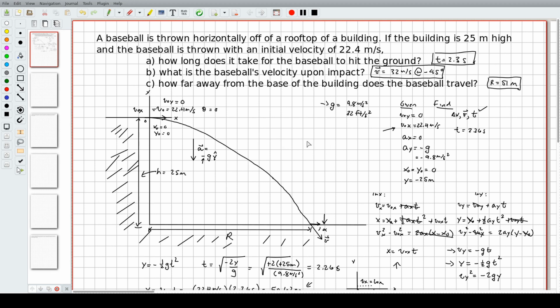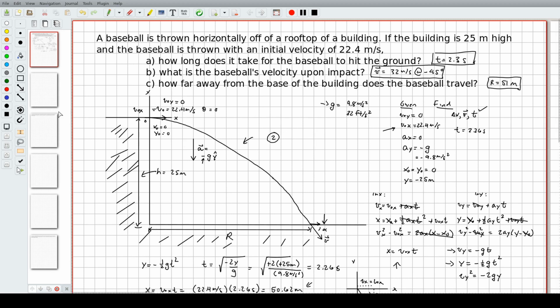An example of a two-dimensional problem dealing with projectile motion. Now, one thing that may not be so obvious to you that I'd like to point out is that this is nothing more than the second half of the projectile motion problem that we worked before. So if you know the first half and the second half, you can connect them in all sorts of ways to get you solutions to these sorts of problems.